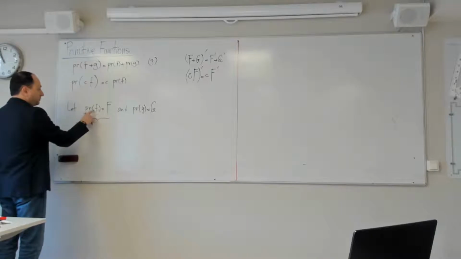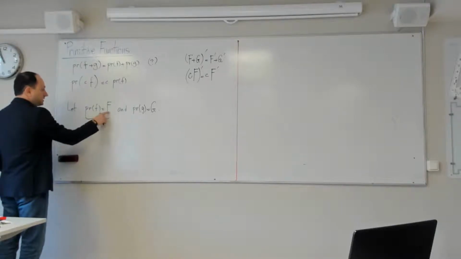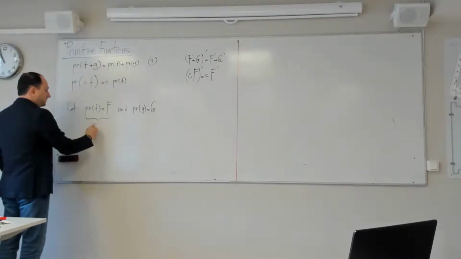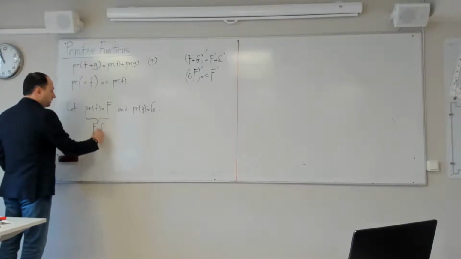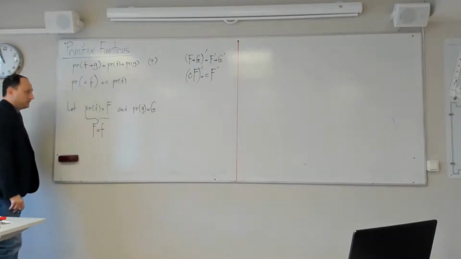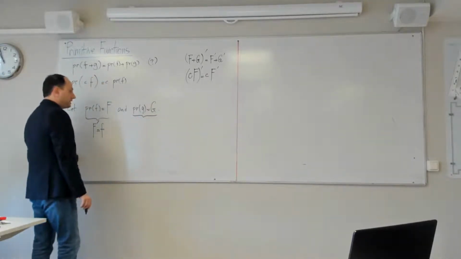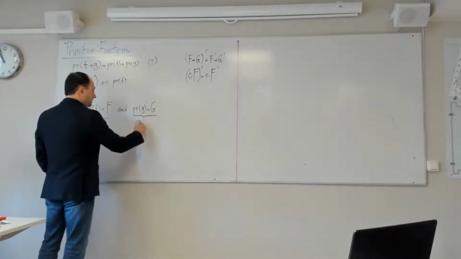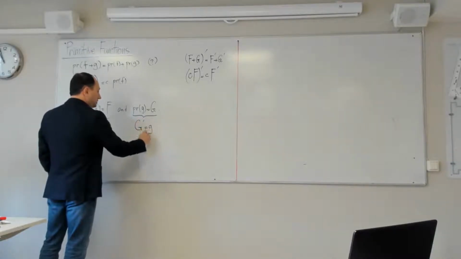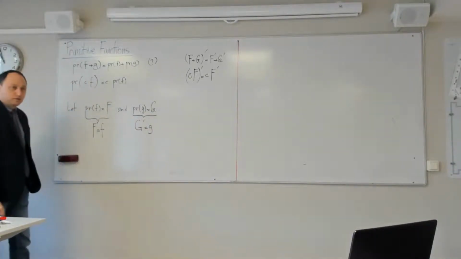When you say that the primitive function of little f is capital F, it means the derivative of the capital F is equal to the little f. And when you say that the primitive function of little g is the capital G, it means that the derivative of the capital G is little g. This is the meaning of being a primitive function.